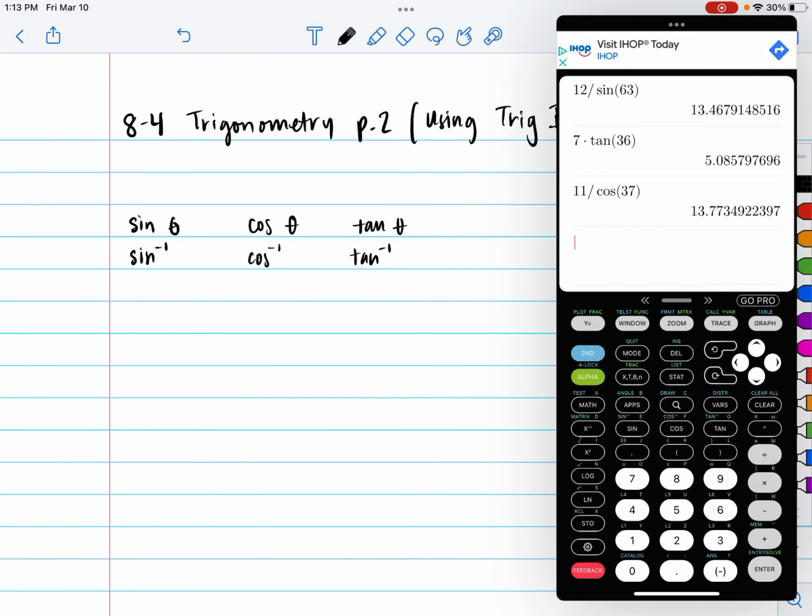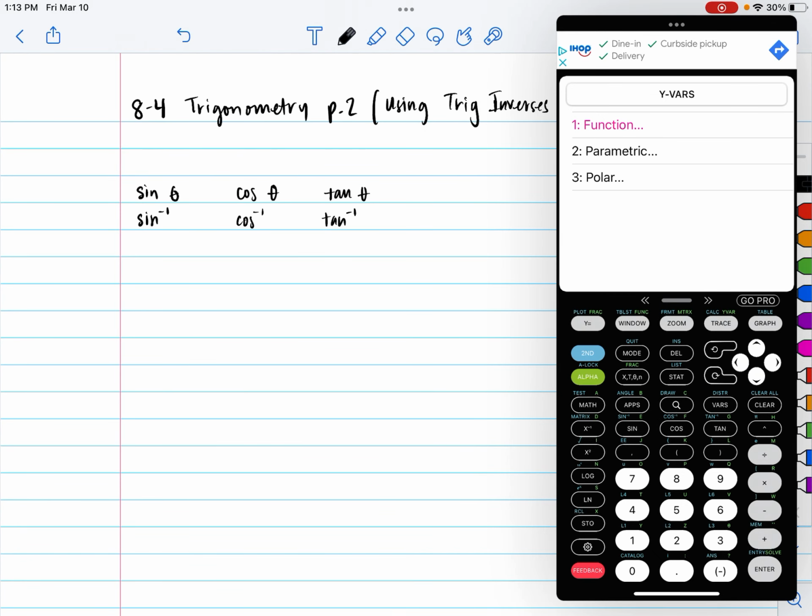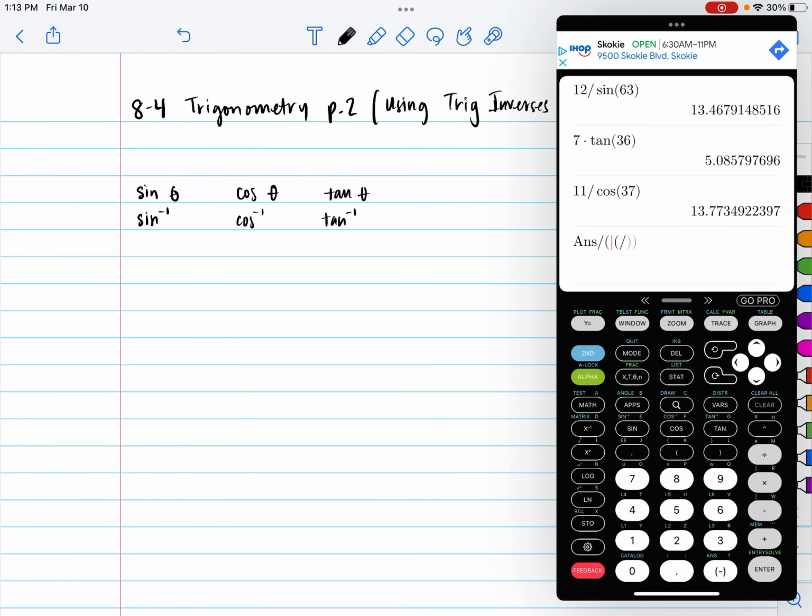Okay? And if you look on our calculator, if it lets me zoom in. Nope, it doesn't let me zoom in. Right above the sine button, in blue, it says sine to the negative first. So the way we access that is we hit second, and then we hit the sine button, and then we see that -1, that raised to the power -1, that's the exponent.